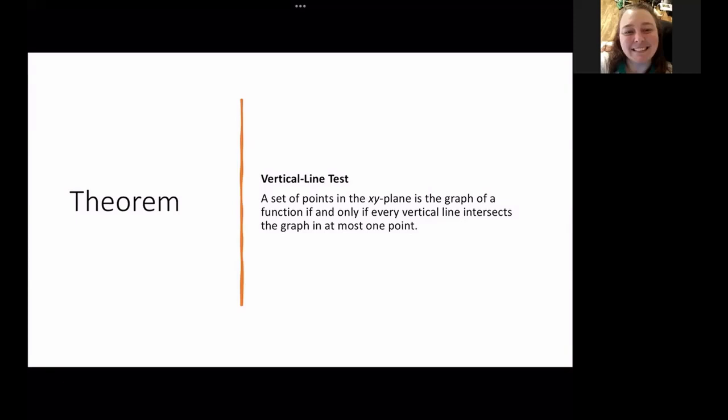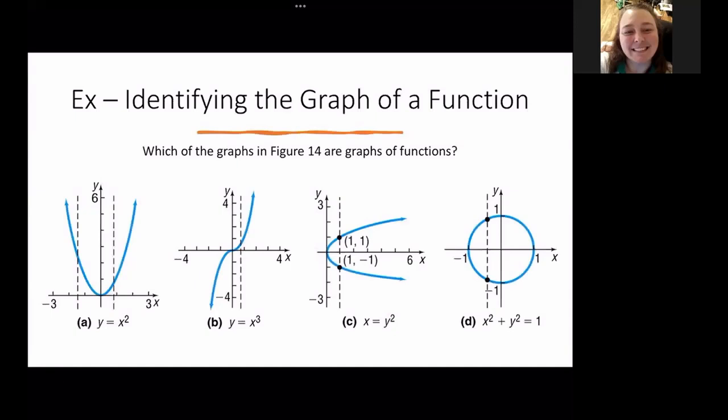The biggest thing to take away is that you can only have one y per x. Since x is along the horizontal, if you take a vertical line and run it along x, it can only intersect whatever figure you have one time. That's the whole thing with it.